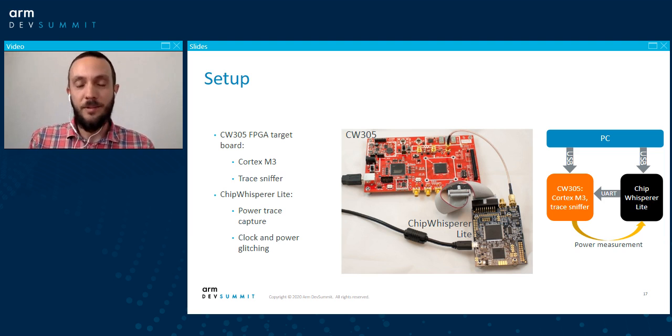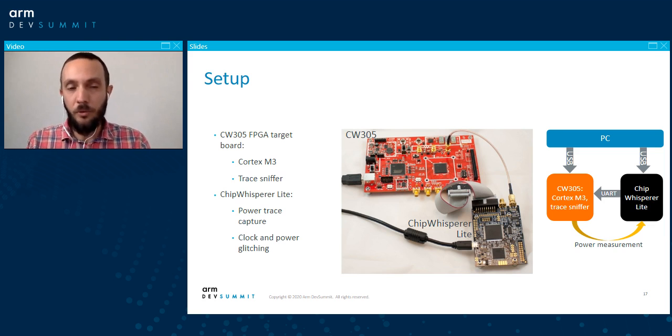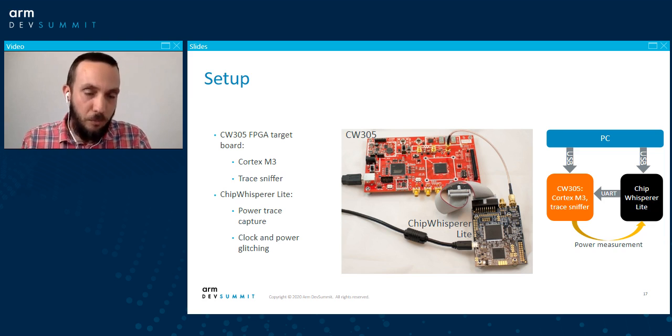All these examples were done with exactly this setup that we're showing here, just to make it really clear. We've got our ChipWhisperer CW305 target FPGA board. That's the red board on top, and it's got the FPGA that's housing both the target processor and our trace collecting and sniffing logic. Connected to that is our ChipWhisperer Lite platform.